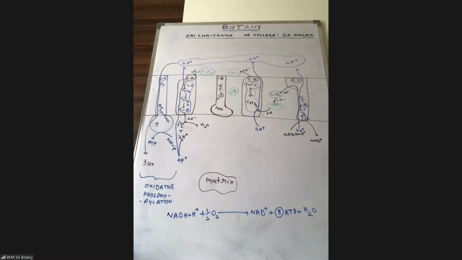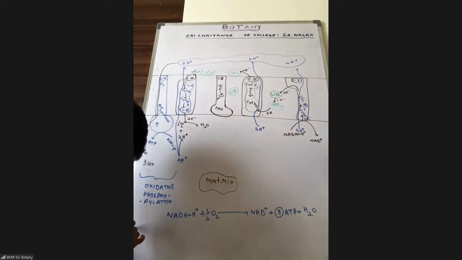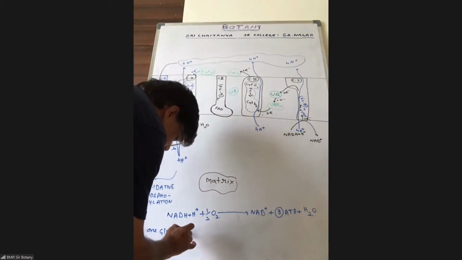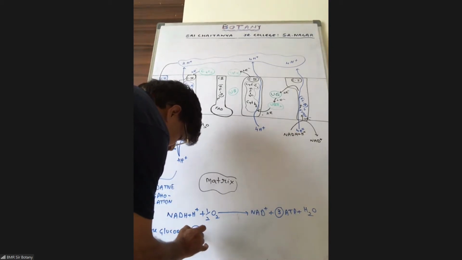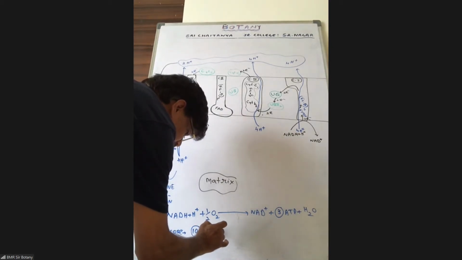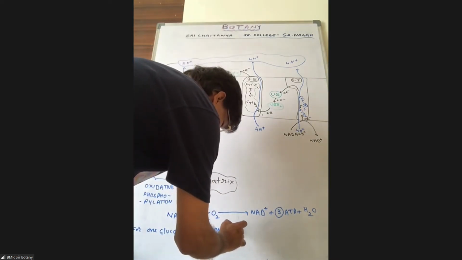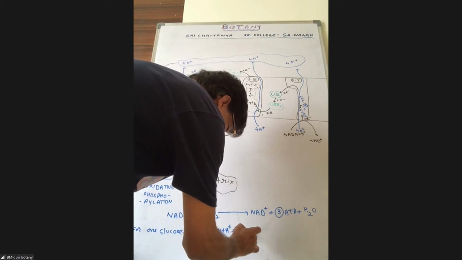If it is so, how many NADH molecules we have like that? 2 from glycolysis, 2 from link step, 6 from TCA cycle. So total 10 NADH for 1 glucose, isn't it, Nana? Yes, sir. So if it is for 1 glucose, you calculate 10 molecules of NADH plus H plus, requiring how much oxygen in that case? 5 molecules of O2 I am writing.